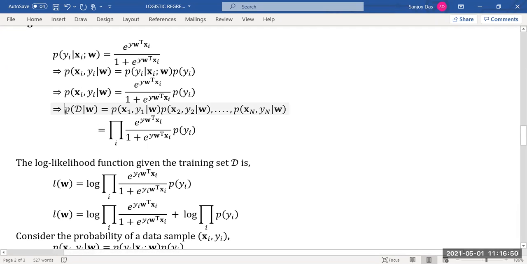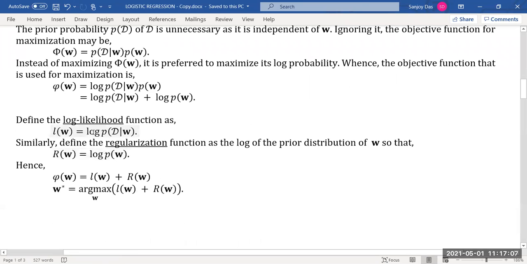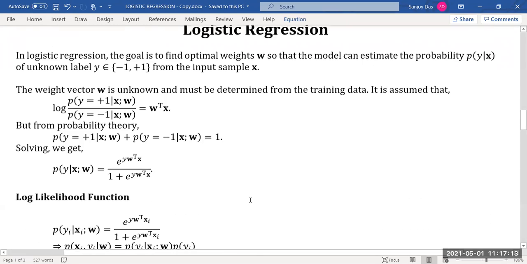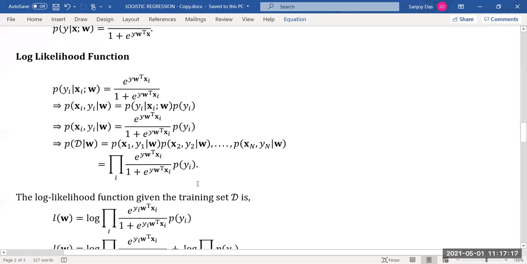So the log likelihood is basically the log of this. Agreed? We define the log likelihood as the log of the probability of the training samples given W. Agreed?